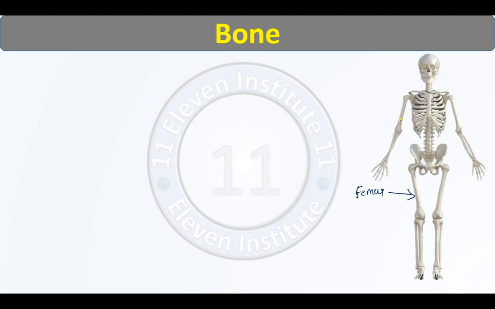There is a particular shape to our body, a particular structure of our body, due to the presence and joints of these bones. And one thing is quite clear and evident, that these bones will have a solid matrix. Why? Because the bones are solid in nature. They are strong, they are rigid, so their matrix will also be solid, dense and rigid.